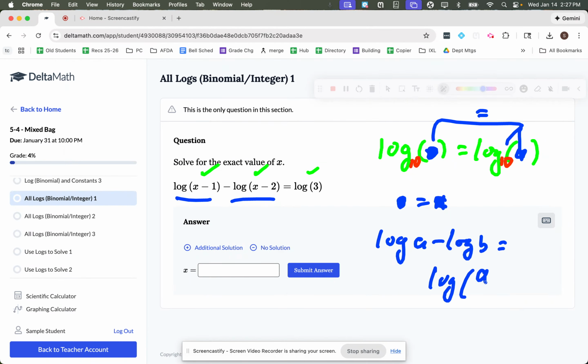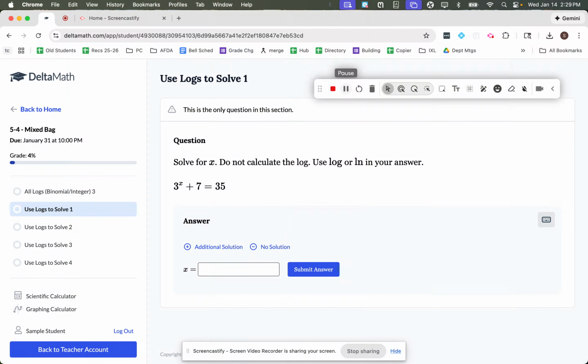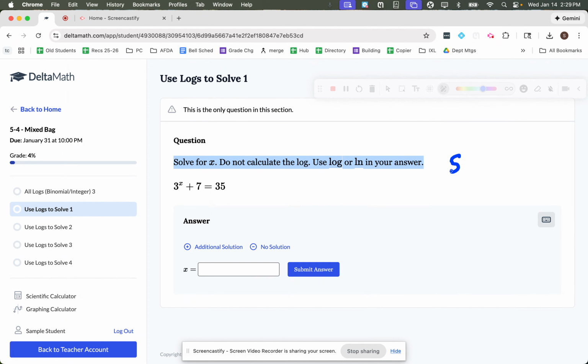Log of, okay? And lastly, for this type of equation, what you want is you want to achieve a base. Let's say 5, so it's not exactly like this problem. 5 to the x equals some number.